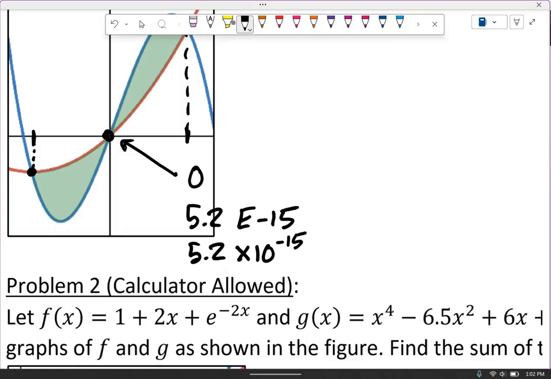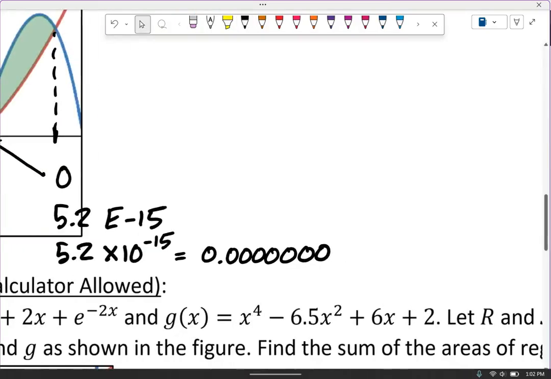What that means is 5.2 times 10 to the negative 15. What do I do as scientific notation when I have that? How many times do I move that decimal place to the right, to the left? So that means I'm going to have 0.1, 2, 3, 4, 5, 6, 7, 8, 9, 10, 11, 12, 13, 14, 5, 2.